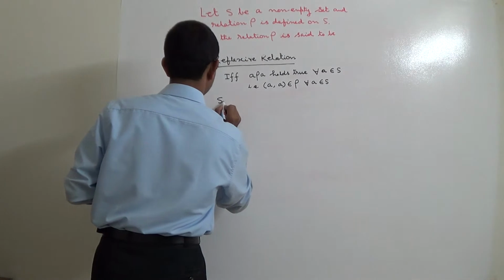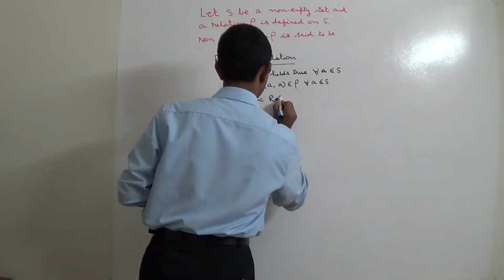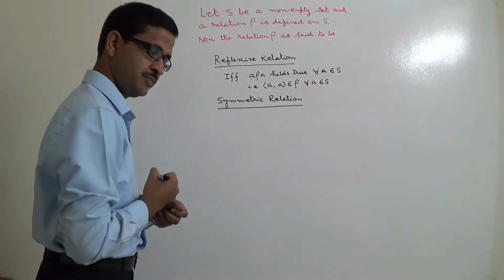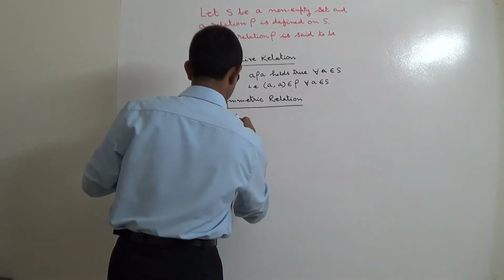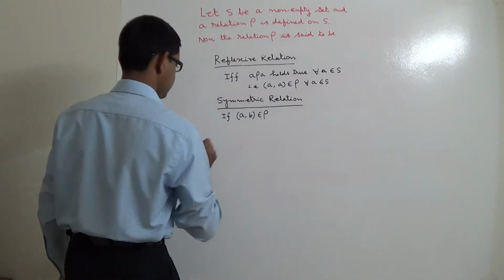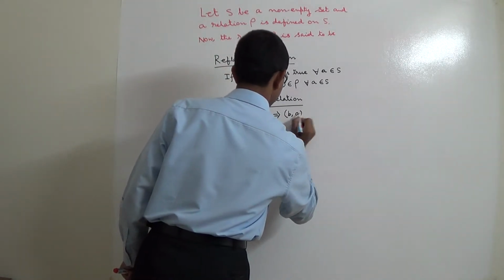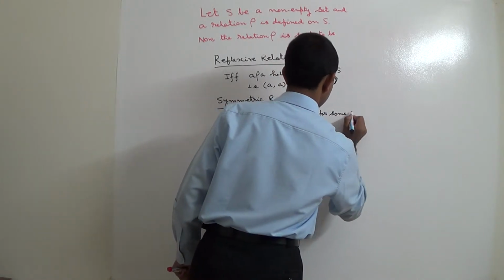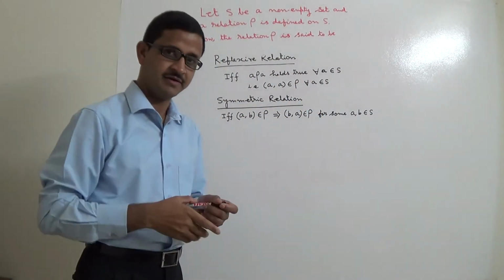Next one is called a symmetric relation. If (A, B) belongs to rho implies (B, A) belongs to rho for some A, B belonging to S. We need to understand this a little bit.